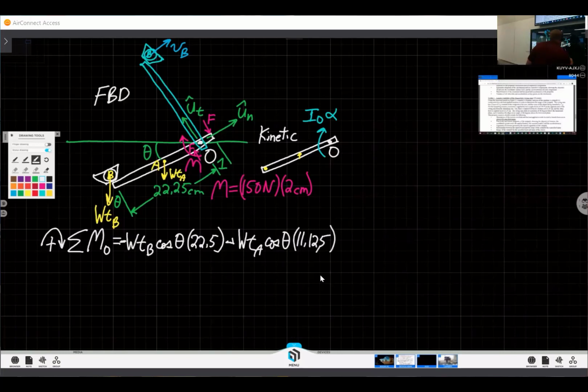Plus our moment we just figured out. Looks like we got all of our moments about the point O. So what do we set that equal to?